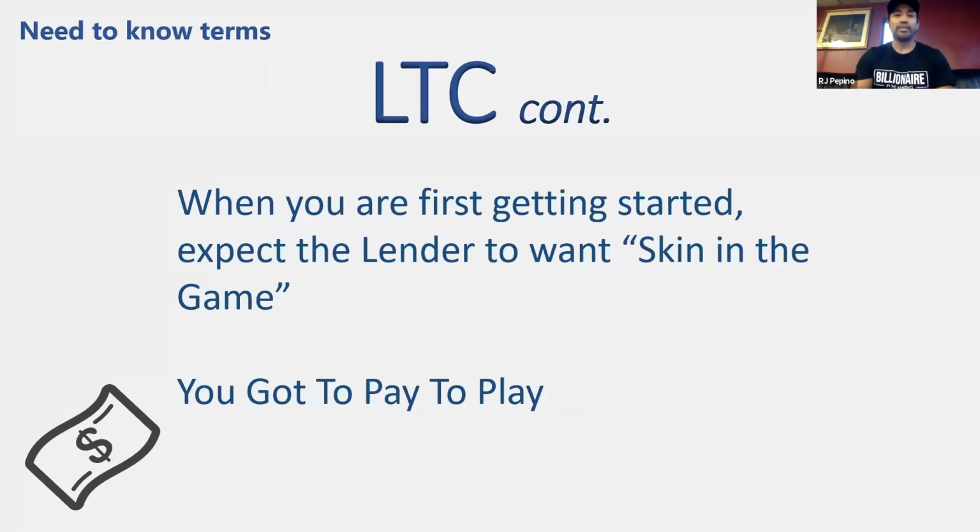They need to trust that you're not just going to run off with their money. They don't know you yet, right? They may have seen you on Facebook, or they heard about you from their realtor friend. But once you start doing business with them, they'll ease up, you'll build credibility, they'll see that you're making your payments on time, and then you can go for a different structure.